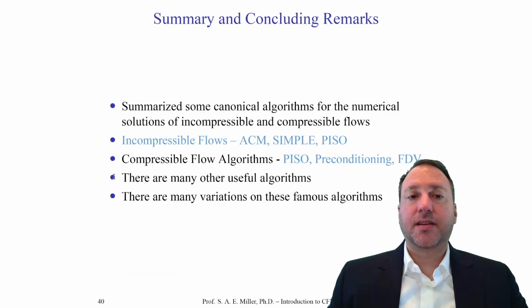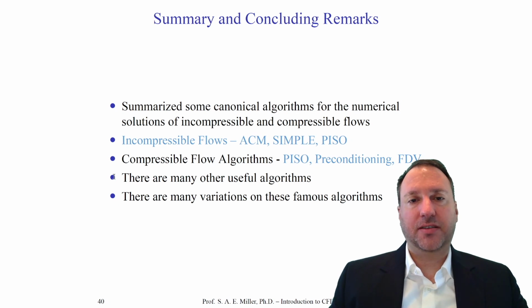In this class, we summarized some major algorithms for numerical solutions of incompressible and compressible flows. These are obviously a little bit beyond an introduction to CFD class and are often taught more so in depth in graduate CFD classes. Nonetheless, we have looked at some workhorse algorithms, so to speak, for many advanced commercial and industrial solvers. You will see ACM, SIMPLE, PISO, and variations like compressible PISO and maybe FDV in many of these types of solvers.